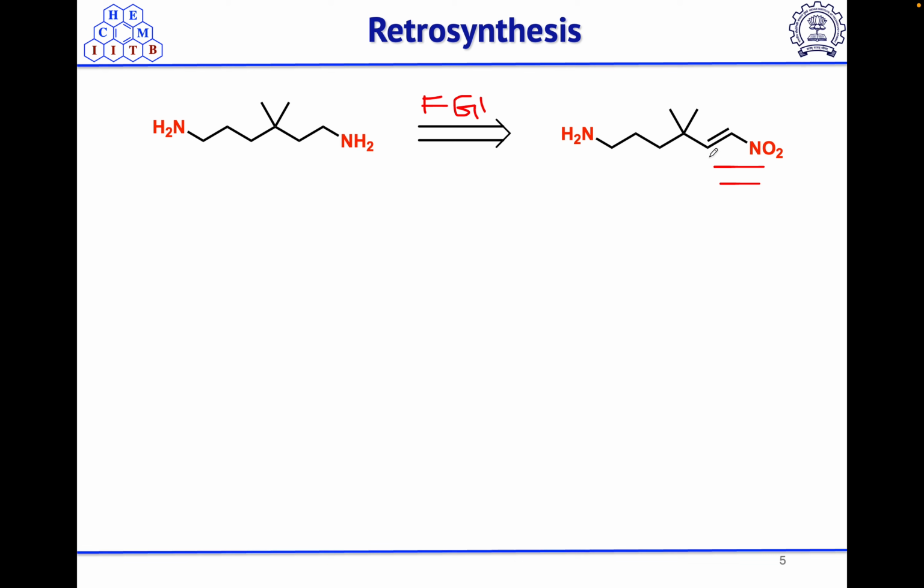Just think about some aldol type of reaction and draw the next molecule. I will give some time to think about the next step. I will give you the clue: nitroaldol reaction as a key step. You can draw now.